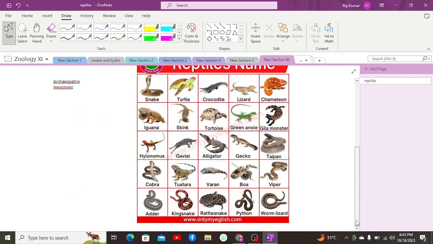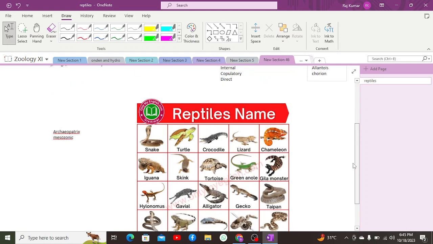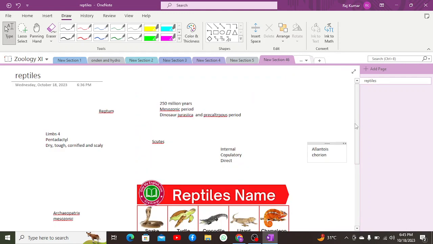Apart from that, there are a few points given here, some scientific names.